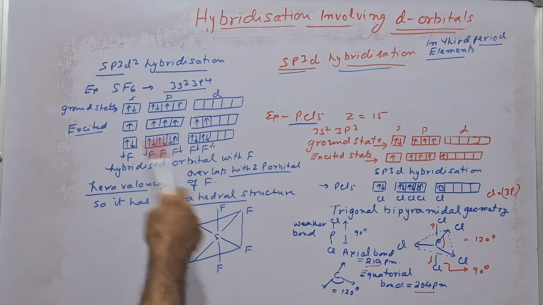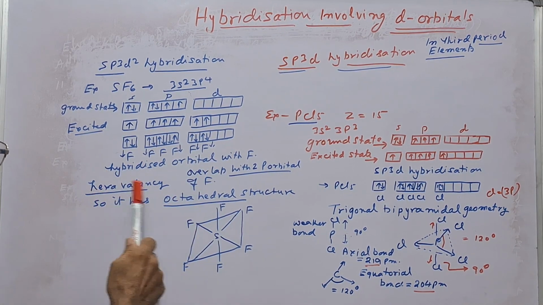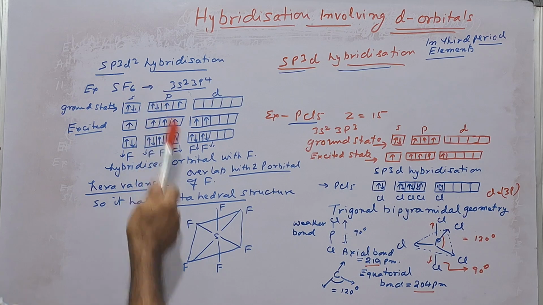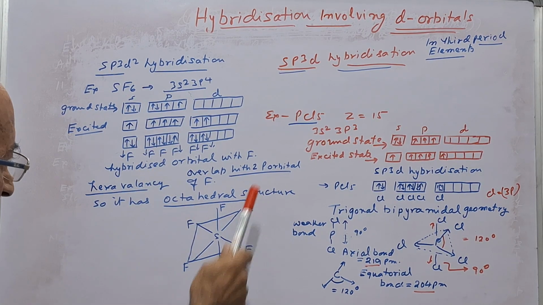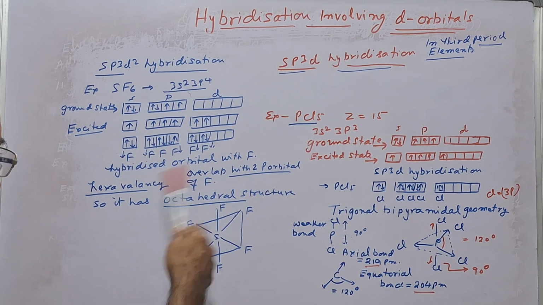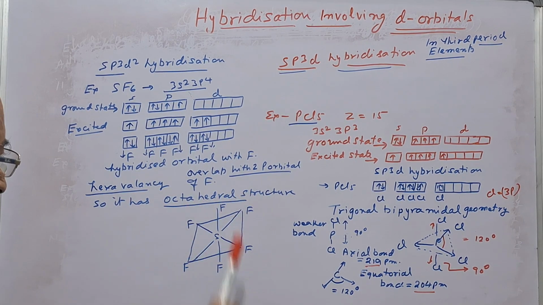Now this is how to explain the hexavalency in the case of SF6. In this case, it is an octahedral structure. You see the structure, it is an octahedral structure.